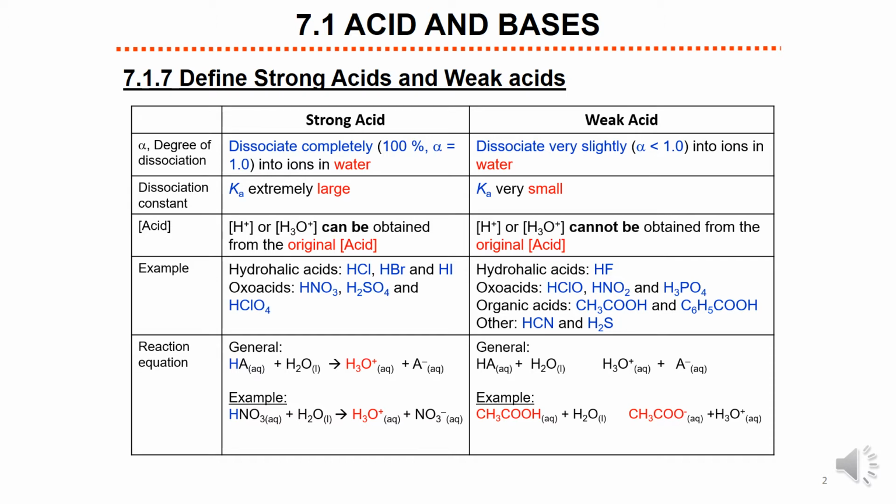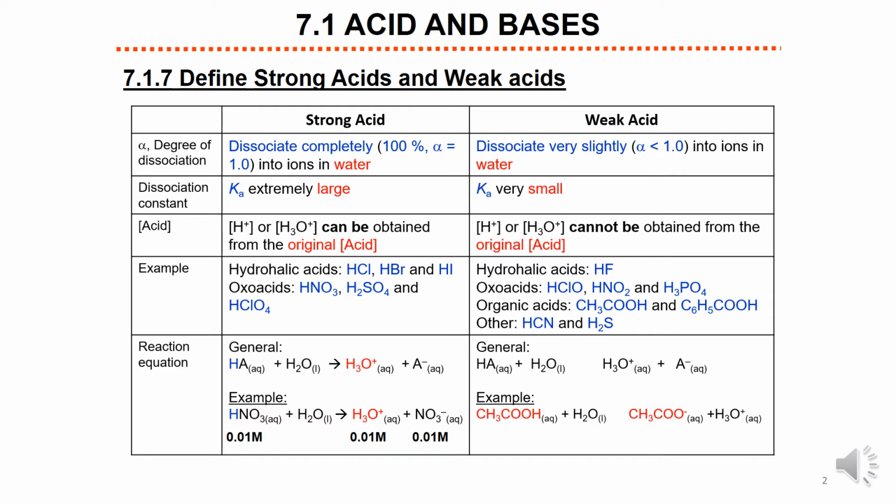Reaction equation. For a strong acid, the general equation is HA reacts with water, dissociates completely, and produces hydronium ion and anion. Example, we have nitric acid, which dissociates in water and produces hydronium ion and nitrate ion. Concentration: hydronium ion, we can get directly from the concentration of the original acid, nitric acid, 0.01.